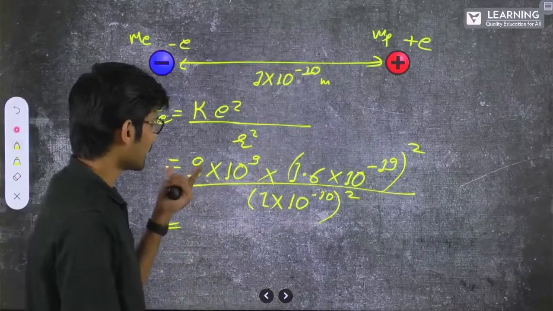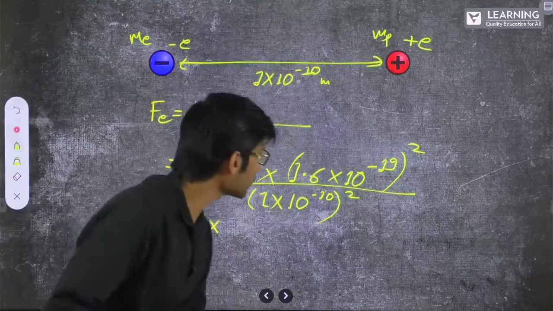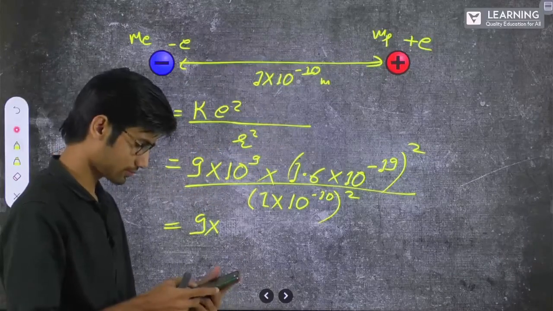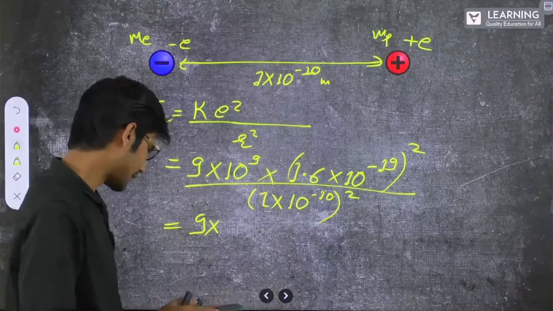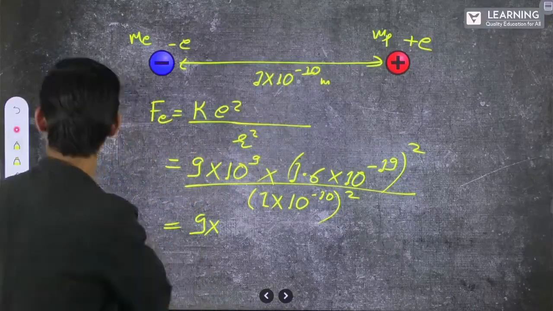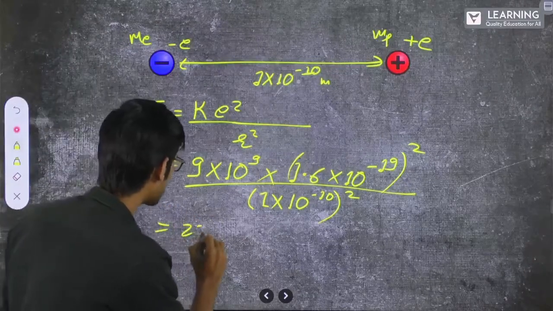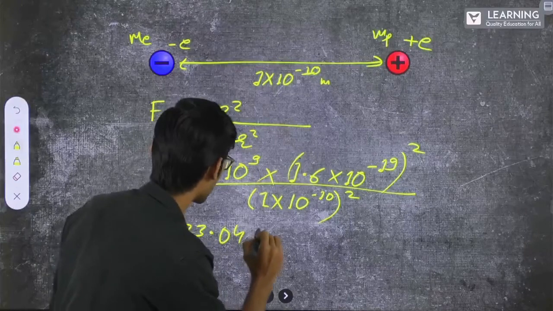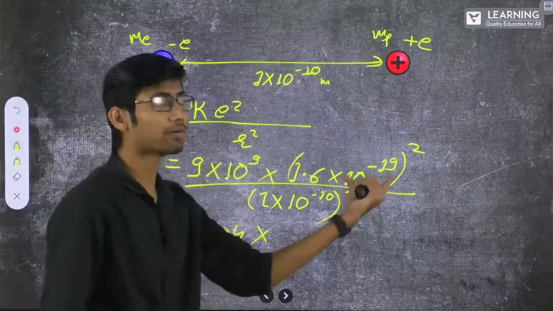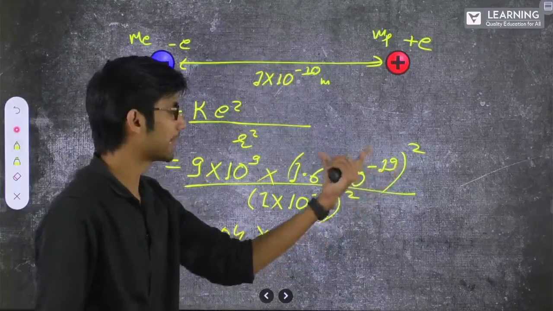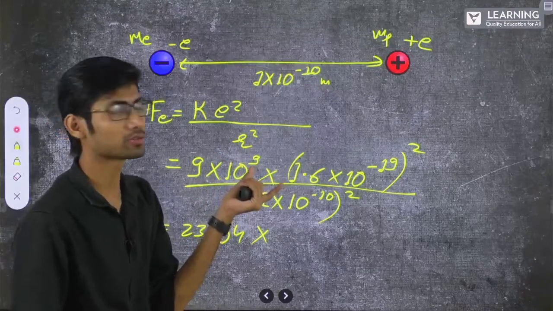Now, if I write this down, it will be 9 into 1.6 into 1.6. How much will it be? 23.04. So 23.04 into 10 power 9, and this is 10 power minus 38. Minus 38 plus 9 is 10 power minus 29.